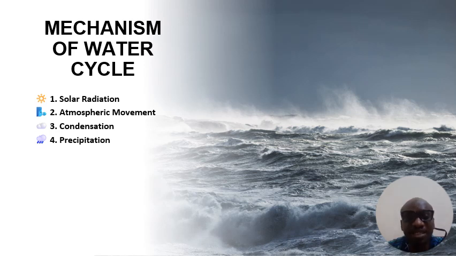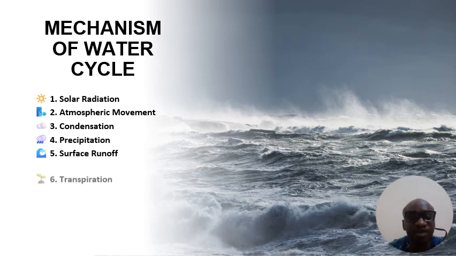This replenishes freshwater supplies on the surface. Then, as the water comes down, we have surface runoff, which is the rainwater that flows as streams and rivers and drains back into the ocean. This movement completes one major loop of the cycle.